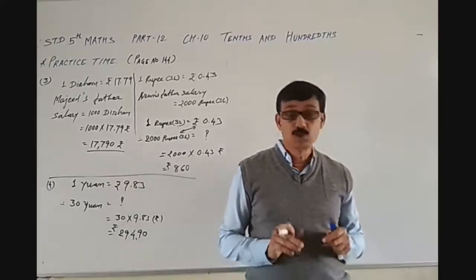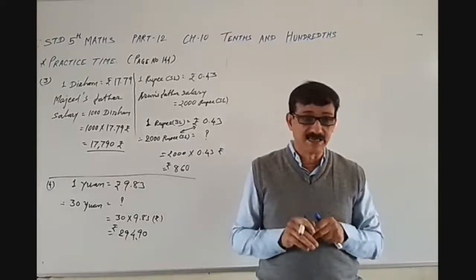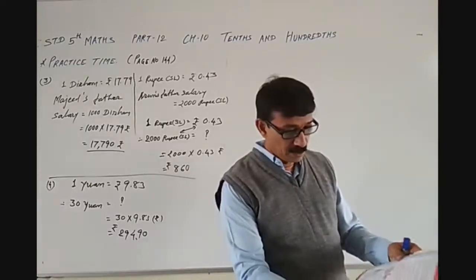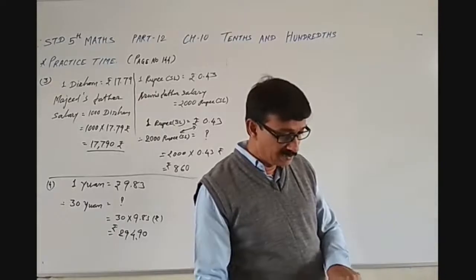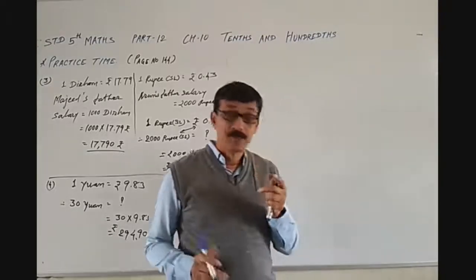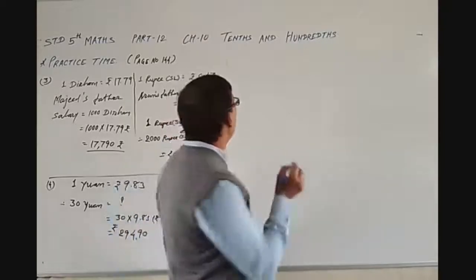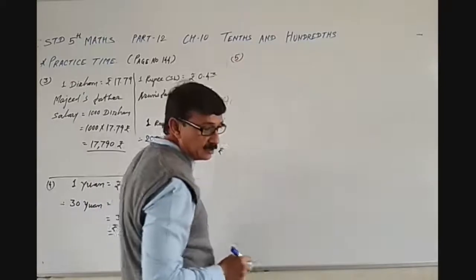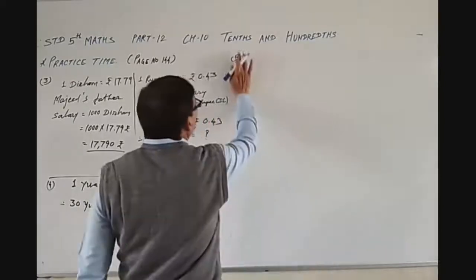First of all, we should know what the exchange rate is, isn't it? For that, suppose 1 rupee is equal to how many won? Do you know? This is the solution of part E.